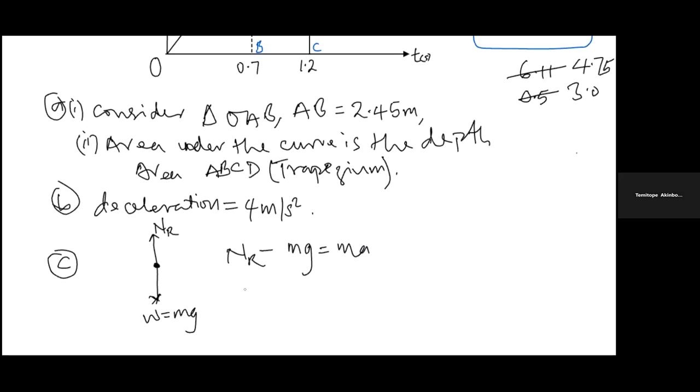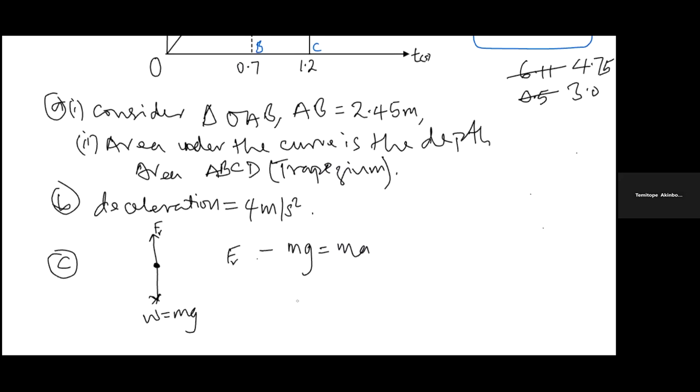Sorry, this is FR, not normal reaction. According to the question, there's a resistance to the motion, and the motion is vertical. So this is the net force acting on it.